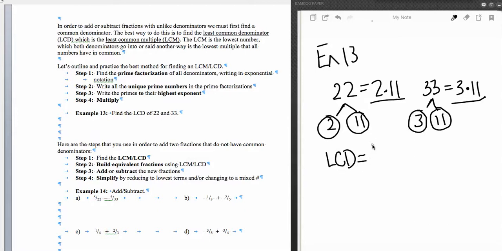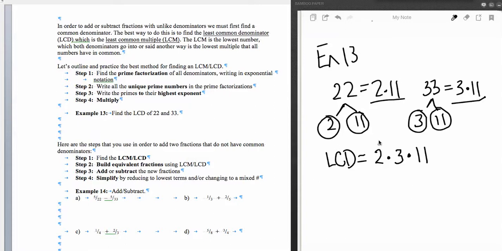So least common denominator, I see up here 2's, and then I see 3's, and then I also see 11's. Now the thing that I'm doing here is I'm saying how many times is the most times I see it used in either this one or in this one. Not all together, but how many times in either or.